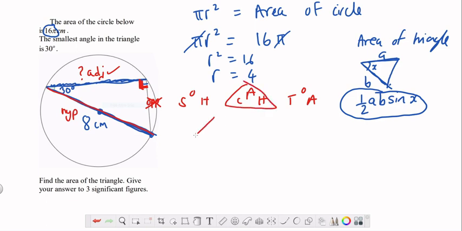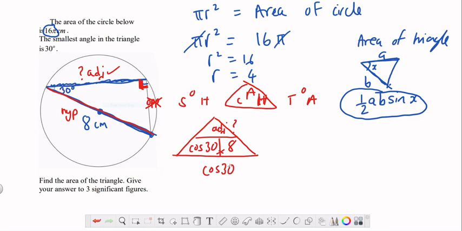So let me just do that in a bit more detail. Adjacent is the side that I'm trying to find out. Cos, C for cos, that's going to be cos 30 degrees. And this side here, the hypotenuse, the H for hypotenuse, is 8 centimeters. So all I'm going to do now on my calculator is cos 30 times 8.